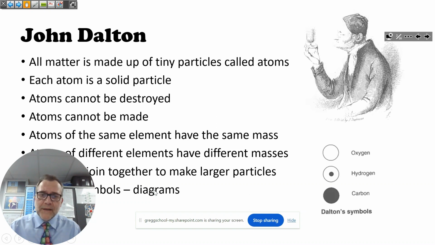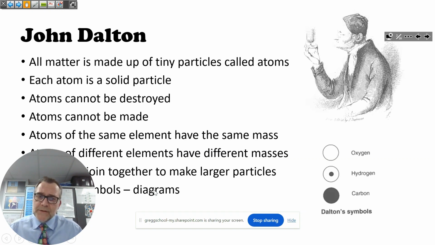And his model of the atom was based upon lots of measurements that he took of atomic weights of atoms when he tried to split particles into their component parts or rejoin them together to make compounds. So his model of the atom said that atoms are solids, they can't be destroyed, they can't be made.